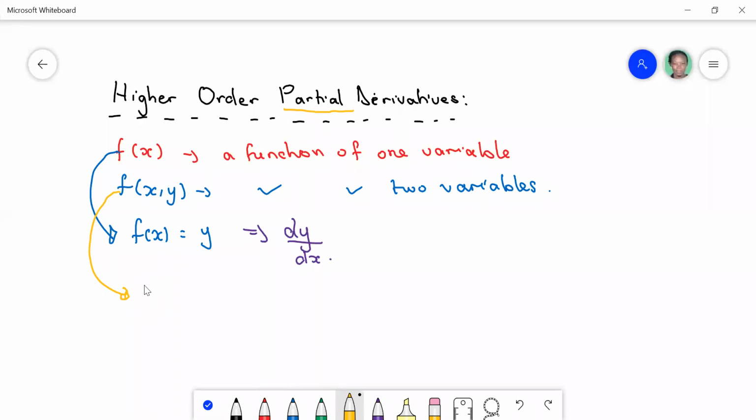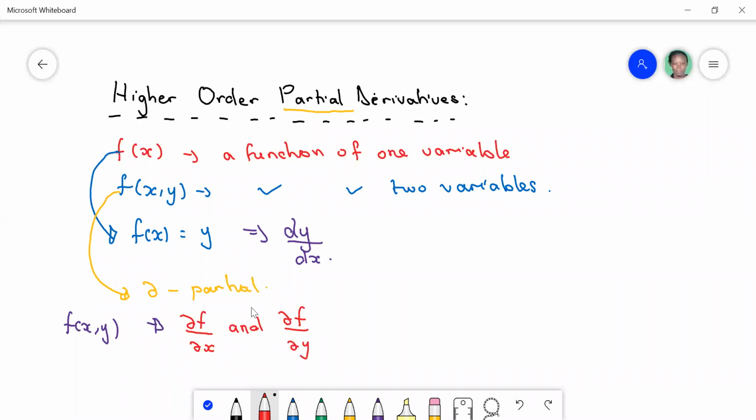The symbol for that is this, partial. So if I have the function f of x, y as a function of two variables, I can express this as the partial derivative of the function f with respect to x and the partial derivative of the function f with respect to y.